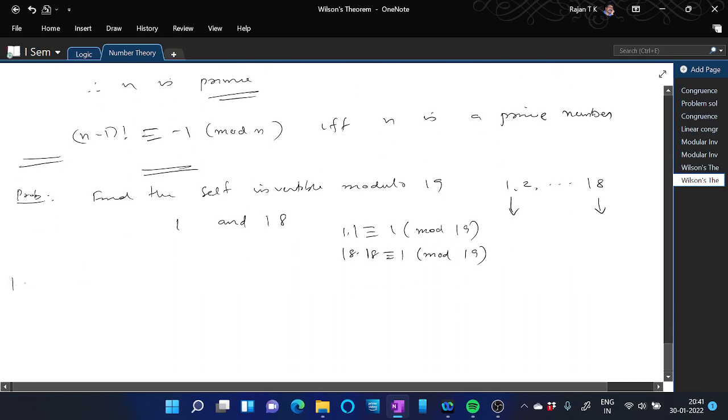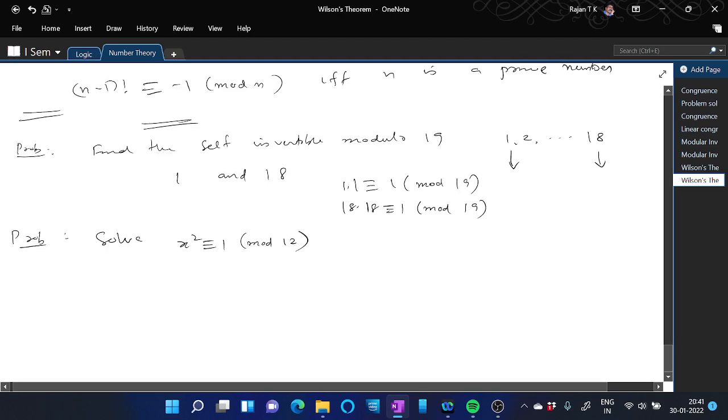Another problem is, solve the congruence relation x squared congruent to 1 mod 12. We know x squared congruent to 1 mod 12 means that x is self-invertible.